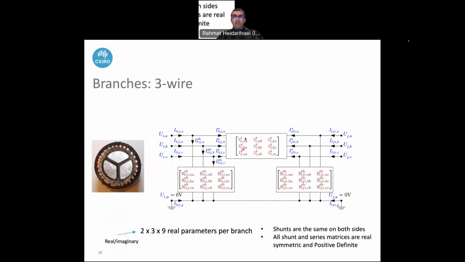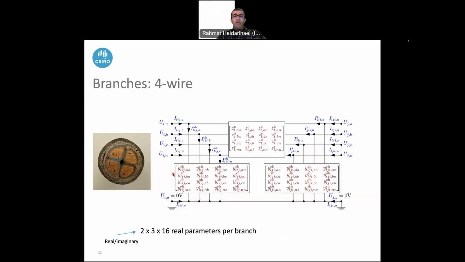The impedance matrices are all real, symmetric and positive definite. So these three matrices include 2x3x9 real parameters per branch, which need to be identified in order to model the network, with 2 being the real and imaginary parts of these complex elements.